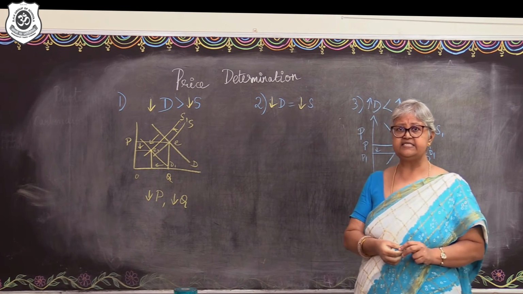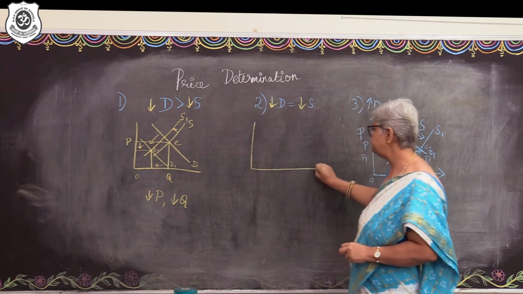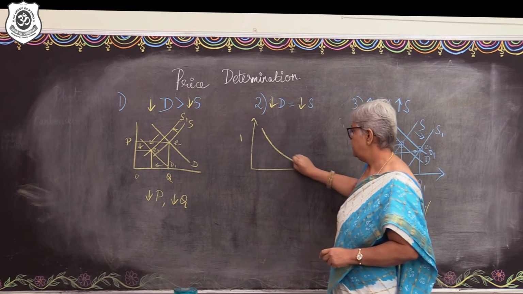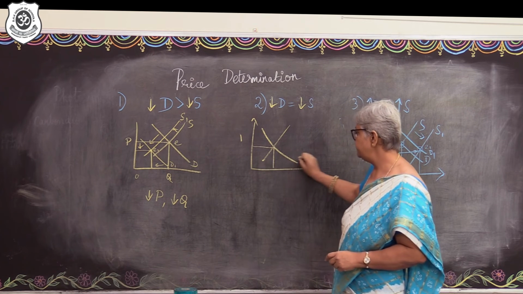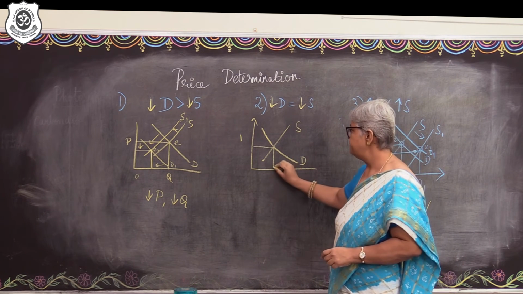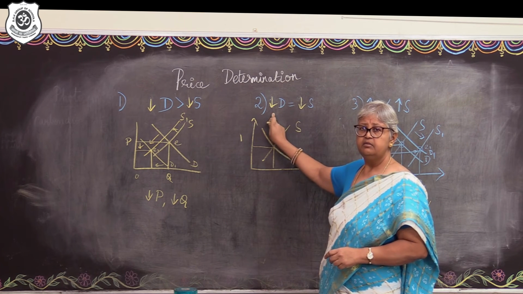That's the second case. Alright. So, let's understand that through a diagram. Price, equilibrium price is determined when the demand is equal to the supply. Okay.